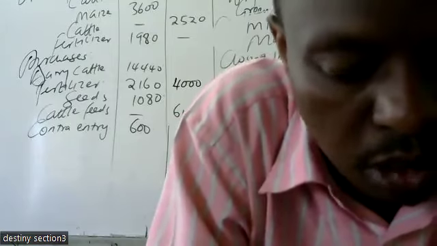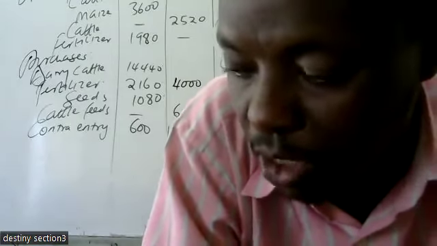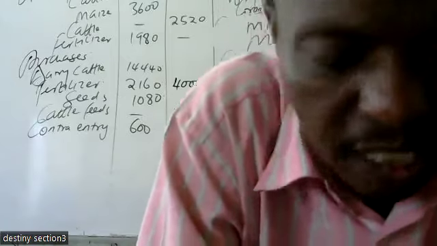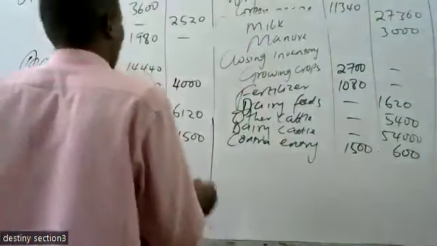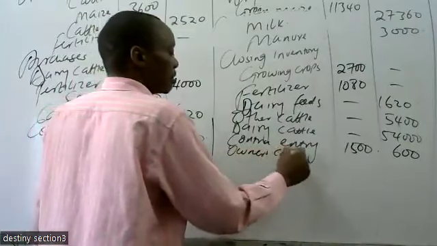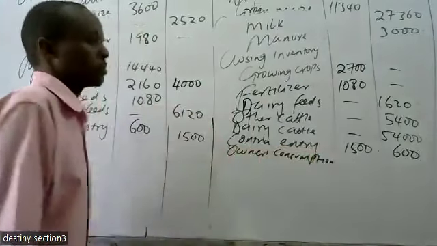One relates to crop, and the other one relates to livestock. The first one was maize, owner's consumption.